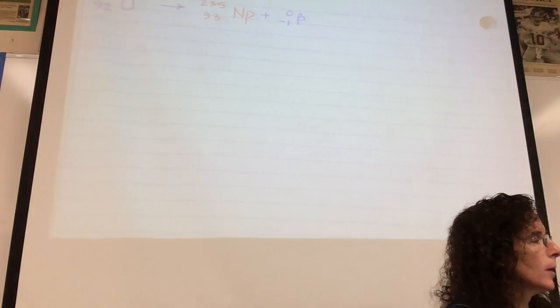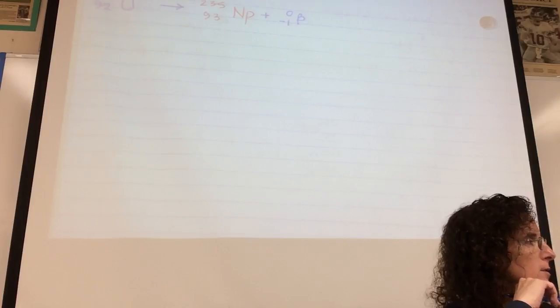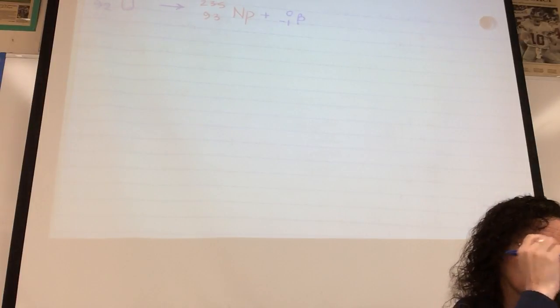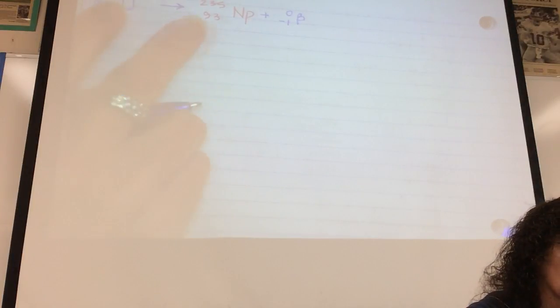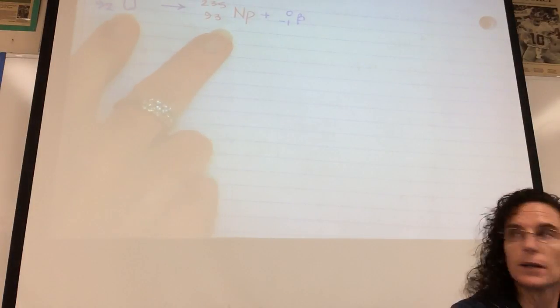Alright, and the second part says what happens to the neutron to proton ratio? Does it increase, decrease, or remain the same? So how are we going to figure out neutron to proton ratios for these two elements?